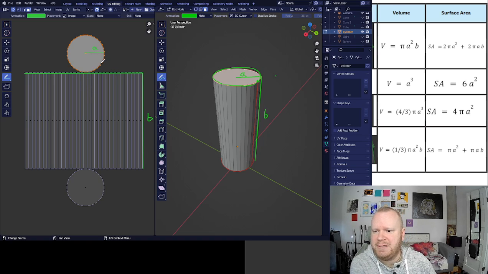So the circumference of that top circle there is going to be 2 pi times the radius, which in this case is a. So I've got 2 pi a along the top here and b. So that means that this rectangle here is going to be 2 pi a times b.